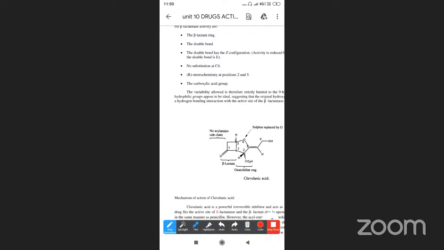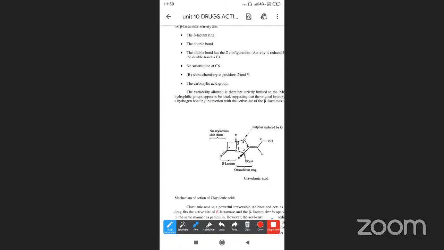Next, R stereochemistry, right? The R configuration at the 2 and 5 positions here, right? It is a chiral compound where you can see two chiral centers, two stereogenic centers, at the fifth position and second position, and in both positions you can see the R configuration, right?